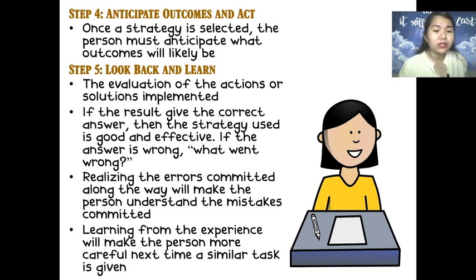If the result give the correct answer, then the strategy used is good and effective. If the answer is wrong, then isipin ulit natin saan ba nagkamali na process, saang action, saang strategy. Okay? Realizing the errors committed along the way will make the person understand the mistakes committed, and learning from experience will make the person more careful next time a similar task is given.